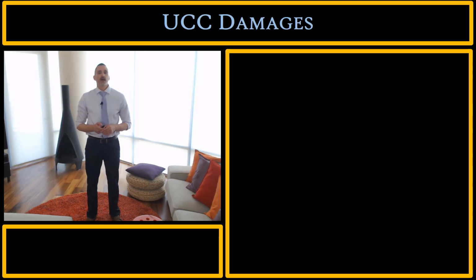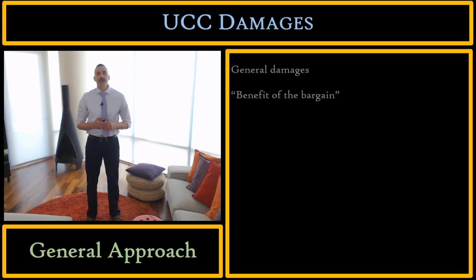Okay, let's talk about the UCC approach to general damages, the basic concept. Remember, we talked about general damages, and we said to put the aggrieved party in as good a position as she would have been had the contract been performed, we have to give her the benefit of the bargain.